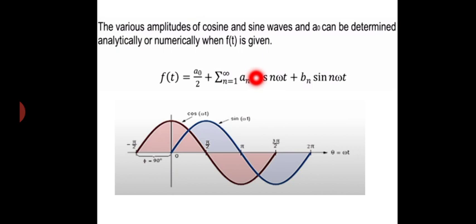An represents the amplitude and phase of the cosine function, and bn represents the amplitude and phase of the sine function. I think you got this, and a naught by 2 is the DC component. In the upcoming class we will see how we get the expressions for a naught by 2, an and bn by using the Fourier transform.